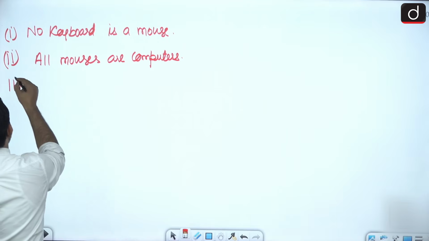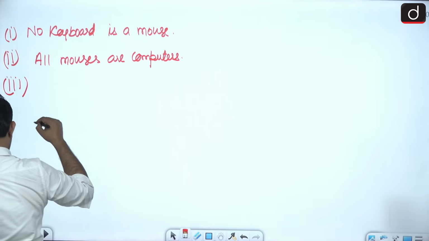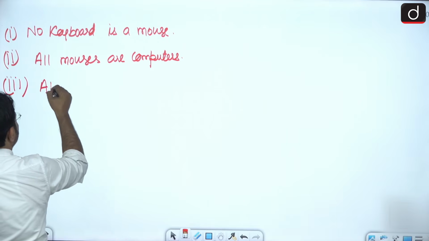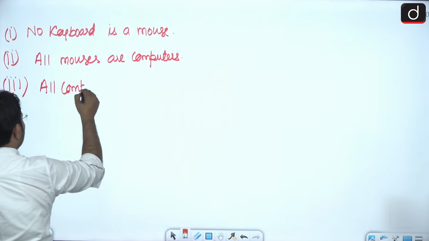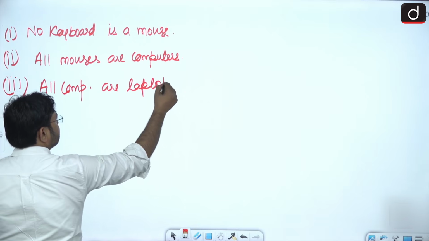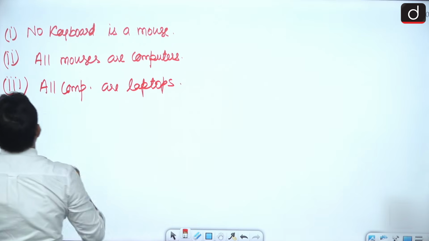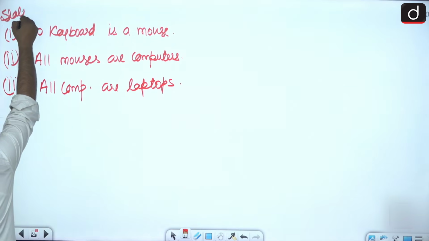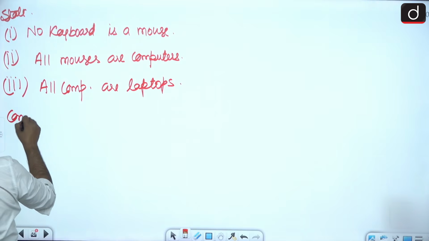Third one is all computers are laptops. These are the statements. And now the conclusion part.